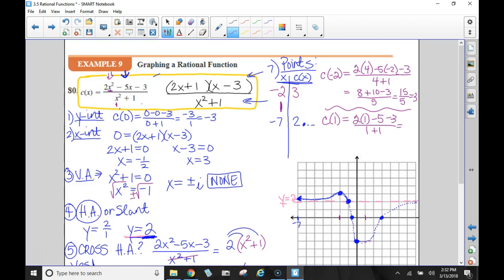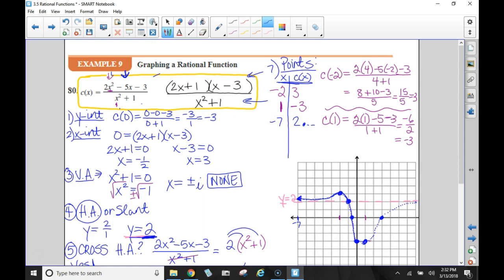So let's see, that comes out to be 2 minus 5, which is negative 3, minus 3 more is a negative 6 over 1 plus 1 is 2. Negative 6 divided by 2 is negative 3. So when x is 1, y is negative 3. Hey, I did pretty good. I don't mind telling you. 1, negative 3. Good.